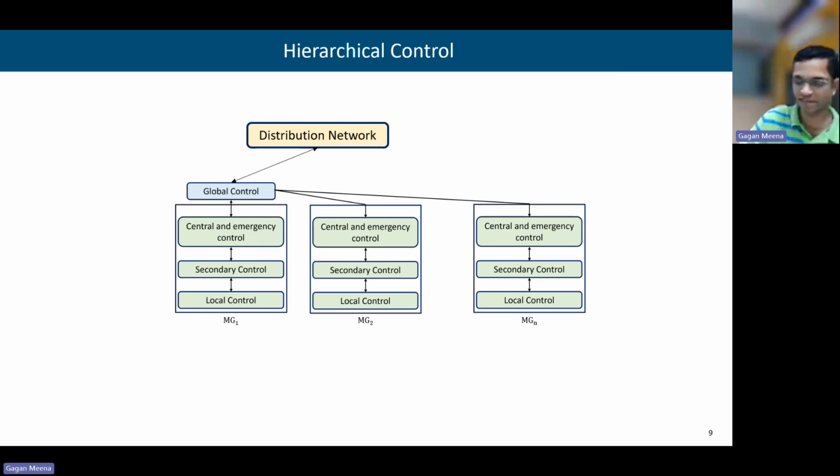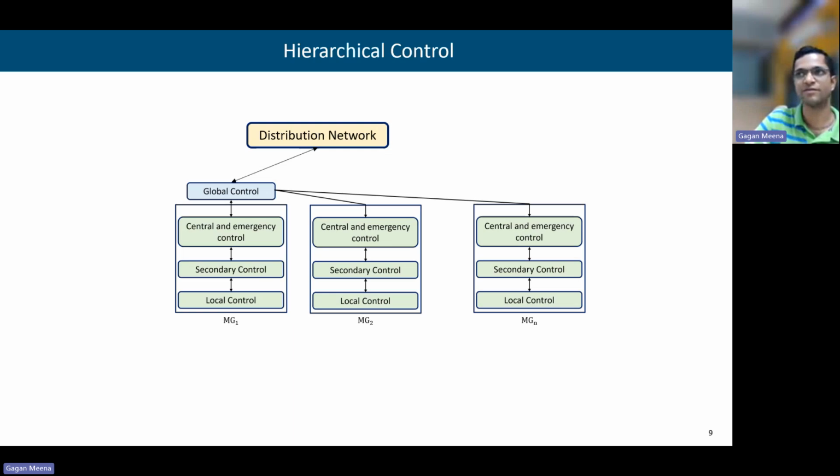So then we started with the main topic, which was the hierarchical control. We need a hierarchical control. Single control or centralized control is not sufficient. Because the disadvantage with the centralized control is that if the link between that central controller and any one of the generators goes out, then we'll not be able to control.